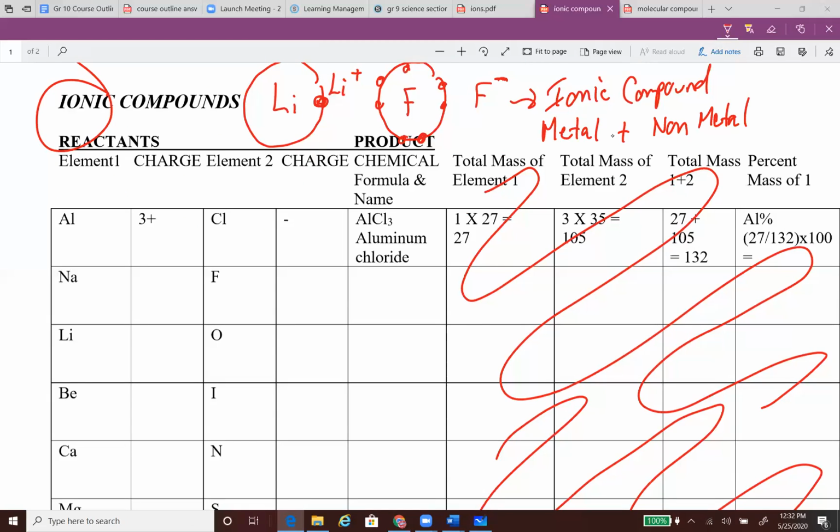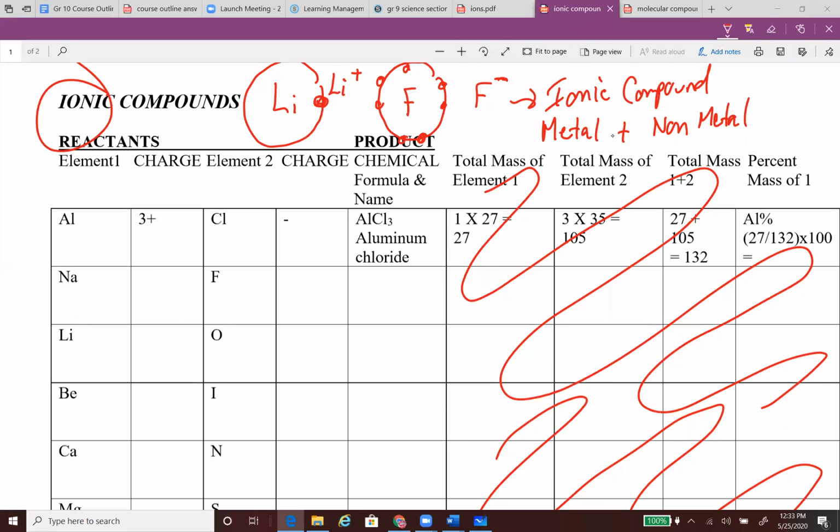Now, we can learn two things. We can learn how to name them, but we can also learn how to write their formula. It's actually quite easy. The naming is just a continuation of the previous sheets. We know that things that lose electrons, their name doesn't change. Things that gain electrons, their name changes to an -ide ending.